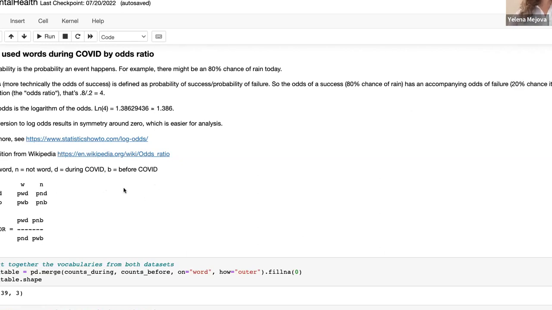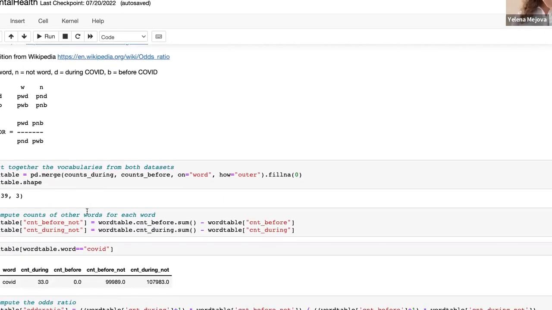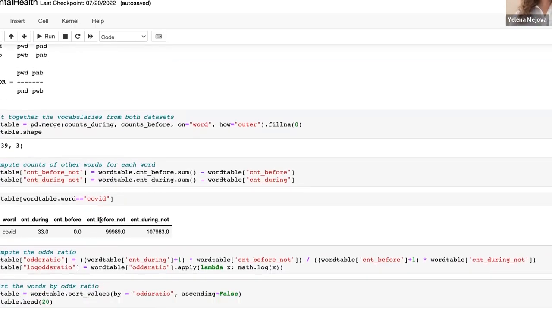And the long story short, you just have the normalized frequencies of how much we're talking about before compared to after. So we do some counts. To normalize, we have these counts of people not saying a particular word.